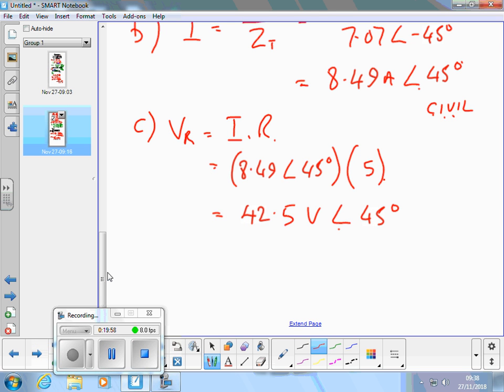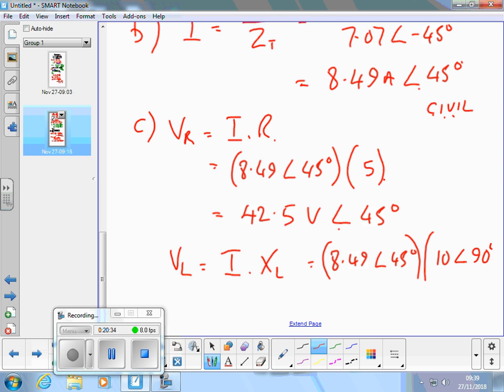VL is I times XL, the reactance. 8.49, angle 45 degrees, times 10, angle 90 degrees for an inductor.